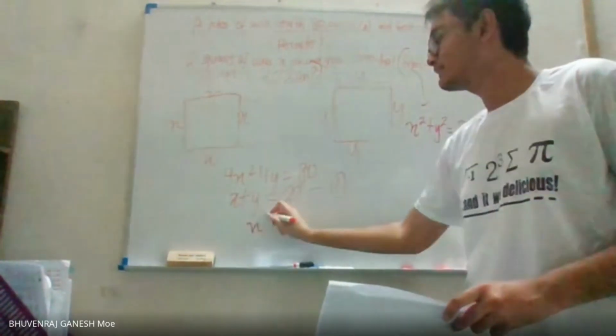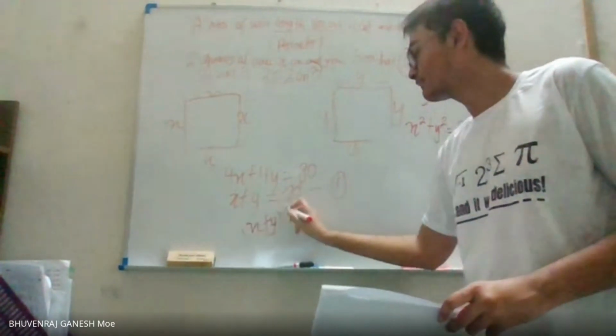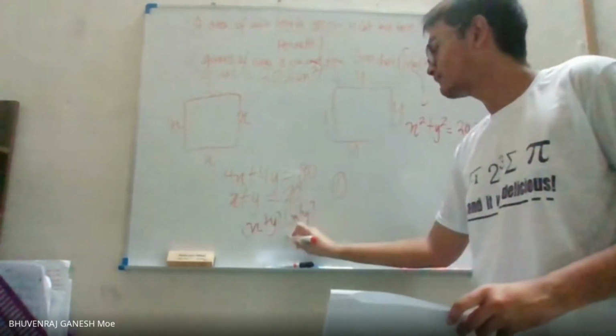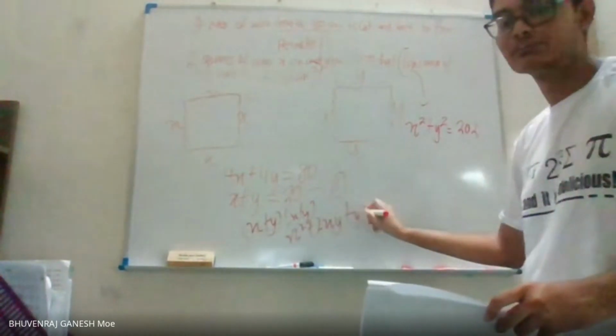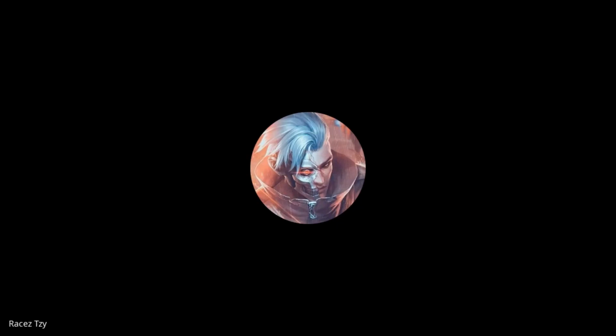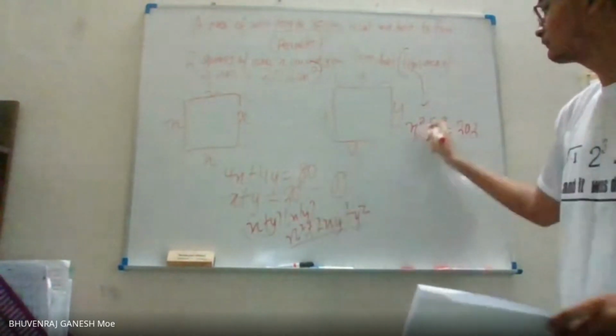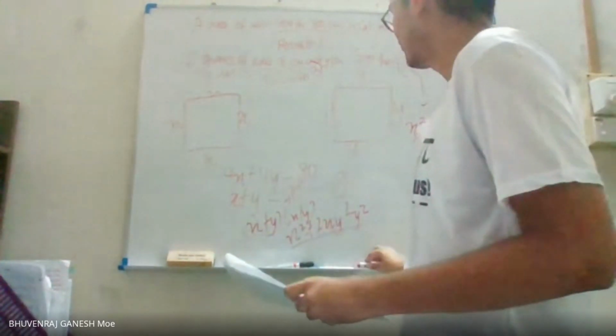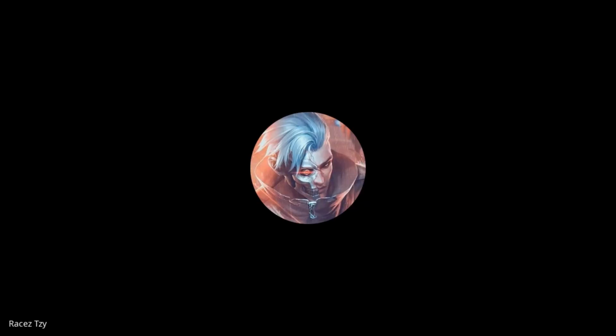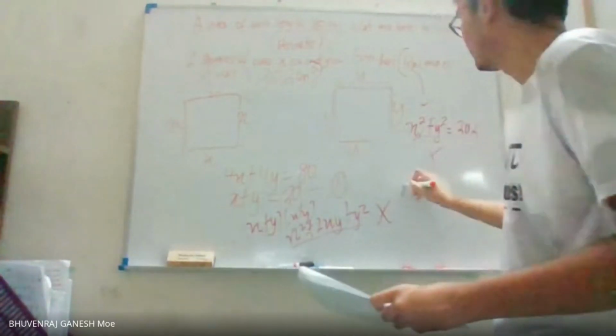You square this. Wait, let me think how it comes. x squared plus 2xy plus y squared. It's going to make it more difficult. Then only you can eliminate x and x squared. So very difficult, cannot. So what I will suggest is substitution. This one we don't use elimination. This is the concept here.